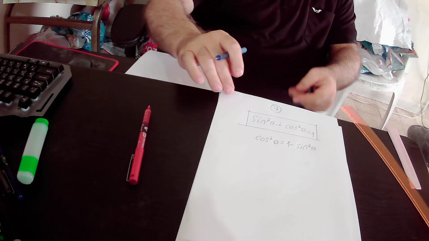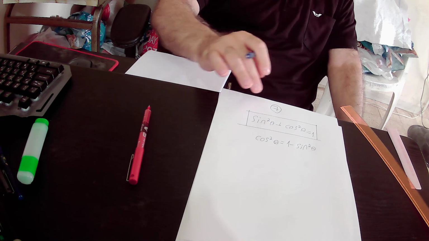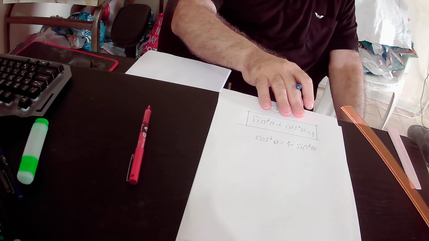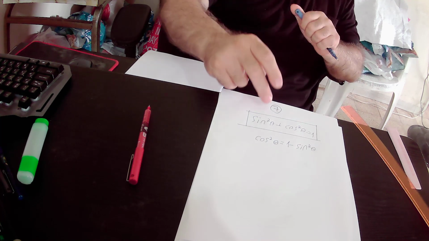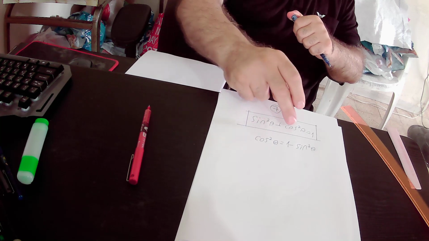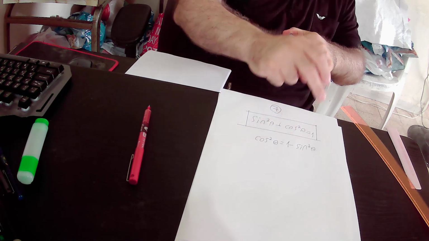So we subtracted the sine theta squared from this equation. We got that cosine theta squared equals 1 minus sine theta squared.